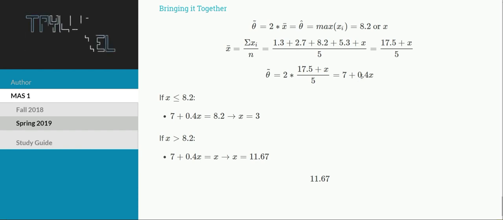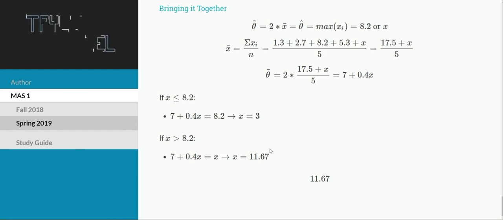We then have 2 possibilities for our maximum likelihood estimator. It's either 8.2 if x is less than or equal to 8.2, or if x is greater than 8.2, it's x. We do this separately, taking this estimator and setting it equal to either 8.2 or to x. Solving for both of these cases, we get that x is either 3 or 11.67.